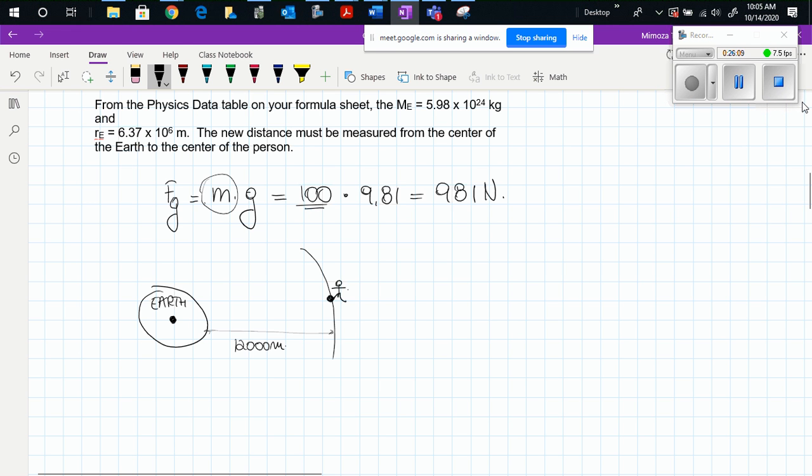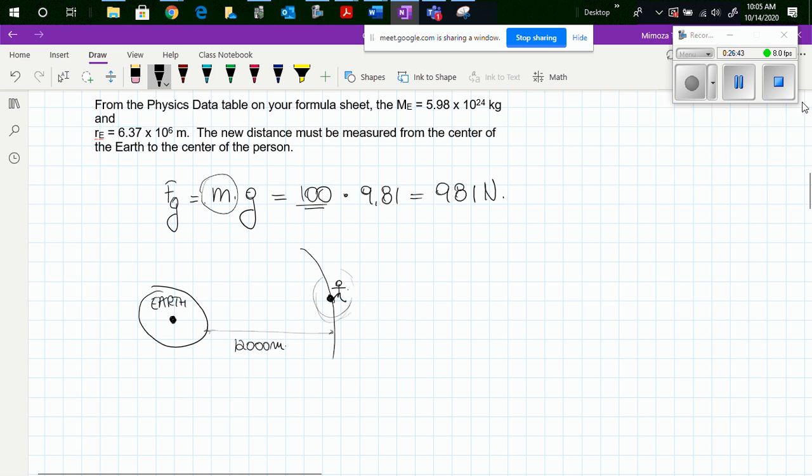However, as I said, we have to take into consideration the distance or the radius of the object. Because the distance is from the center to the center, the person is standing 12,000 meters away from the surface of the Earth, and the center of mass of this person is at the same point.